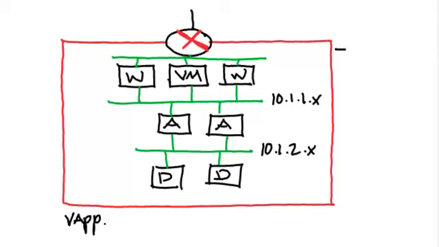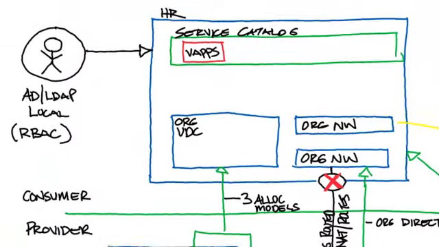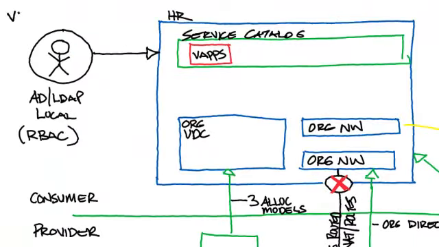We can also store key value pairs of metadata with the vApp or the VMs within the vApp for consumption by other processes or our cloud orchestration layer. The cloud user can deploy via the VCD GUI or programmatically via the vCloud API.